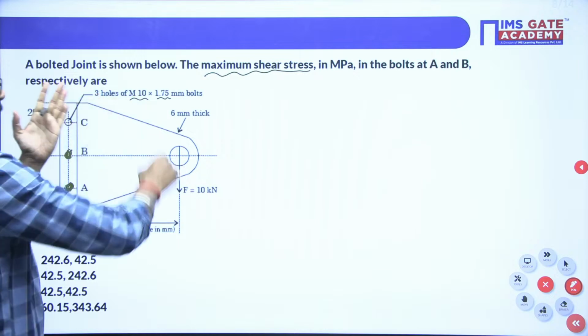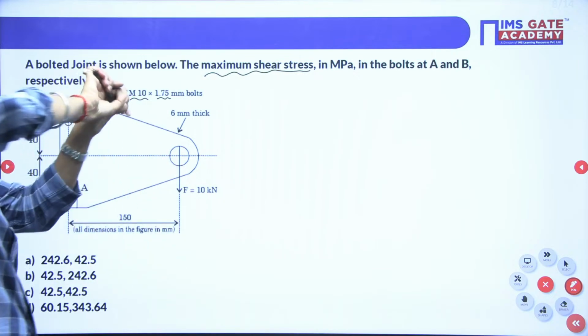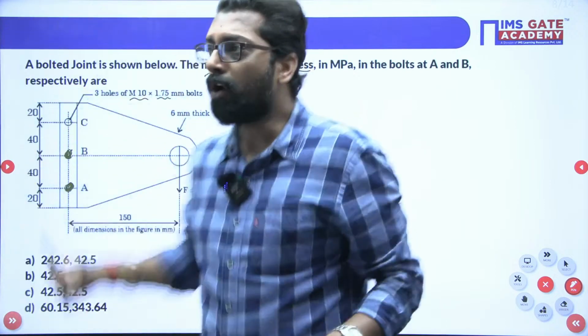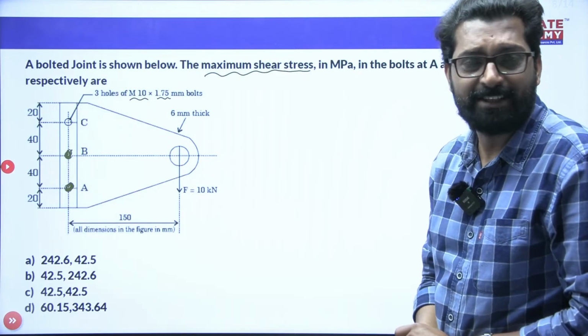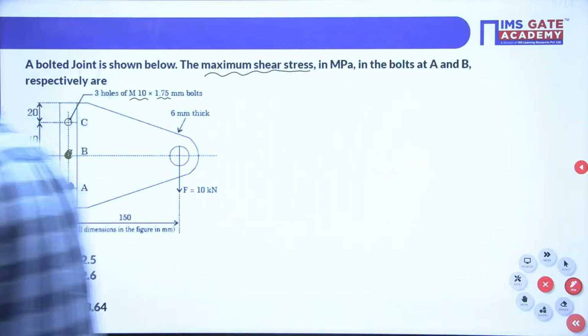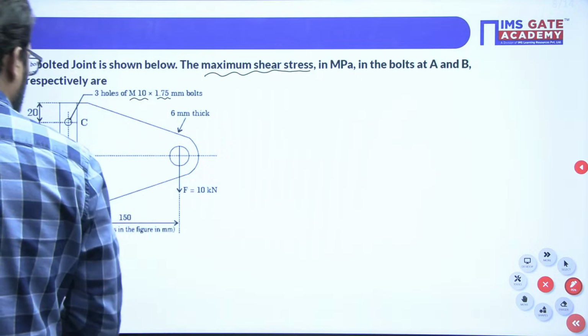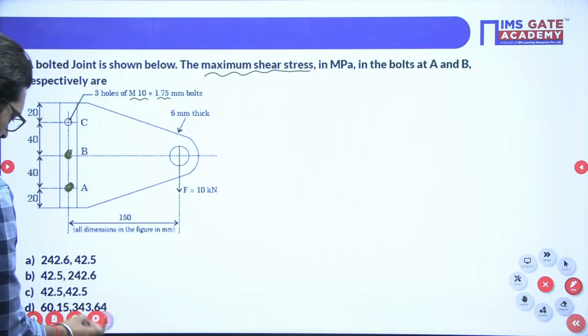If you apply the load, this plate tries to rotate, so the bolt tries to twist. During the twisting, torsional shear stress will be produced. Now let us draw this and solve the question, no problem.